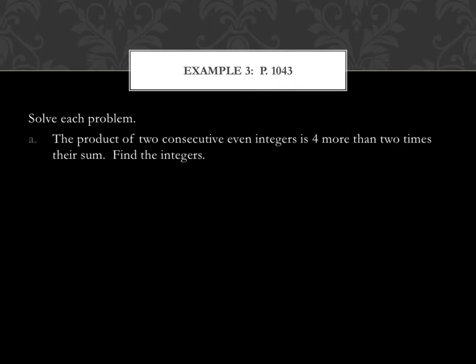Example 3, the product. So again, that tells me I'm going to be multiplying 2 consecutive even integers. Consecutive even means I have x and x plus 2, is 4 more than 2 times their sum. So 2 times the sum, x plus 2, plus 4 more.